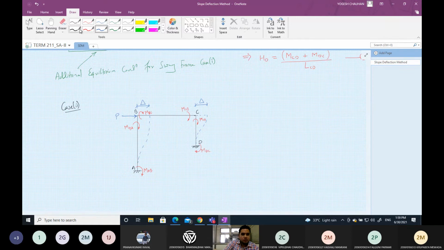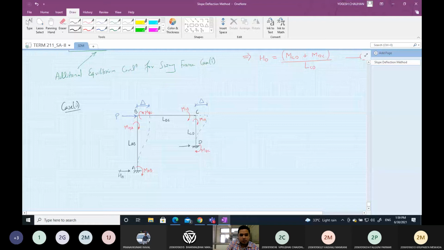Okay, and let this length be LAB, this be LBC, this be LCD. Let the horizontal reaction at A be HA, the horizontal reaction at D be HD.